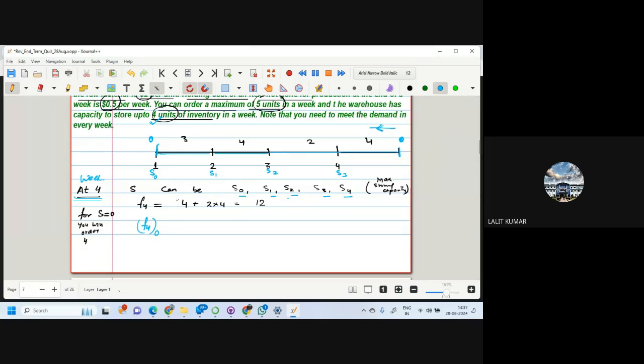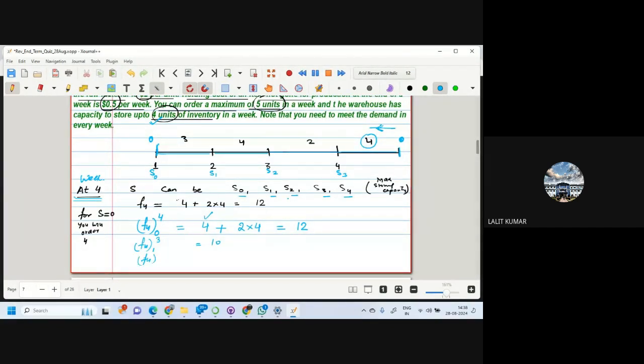Okay. So now for S0, S1, S2, S3, S4, finding F4. If the state was 0, we know the demand for this is 4, so he has to order 4. In that case, 4 is his fixed cost when he orders, and the item cost is 2 into 4, so this becomes 12. Similarly, F4 at 1, he orders 3 only. This becomes 10.